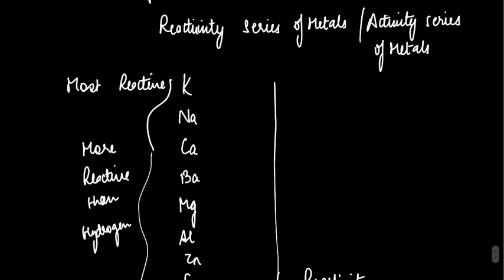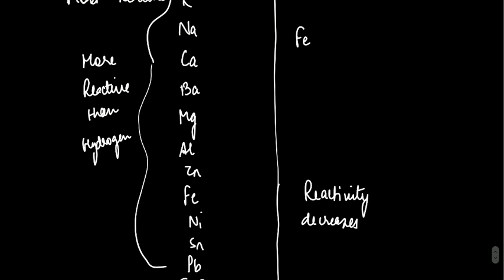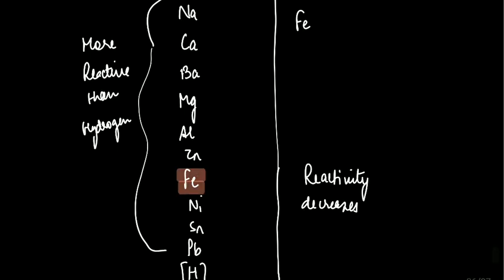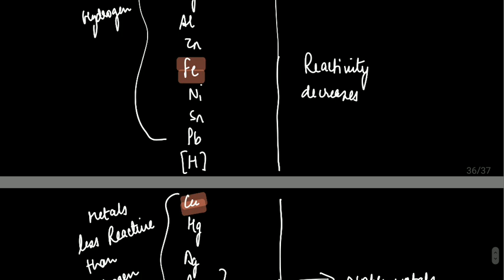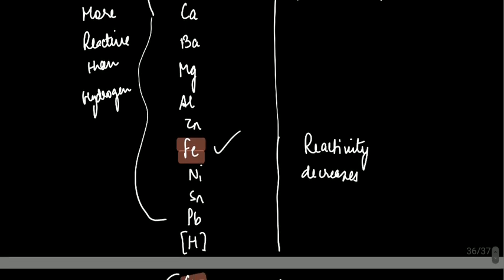So let's try to make a reaction. If I say iron, iron is over here. It reacts with copper sulfate. Copper is over here. So iron reacts with copper sulfate to give what products? How can we understand it? Iron is more reactive than copper.